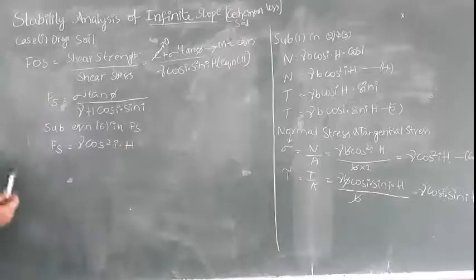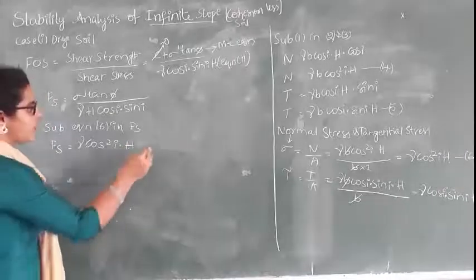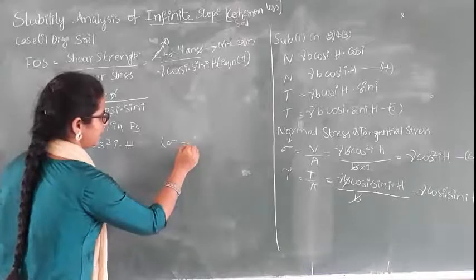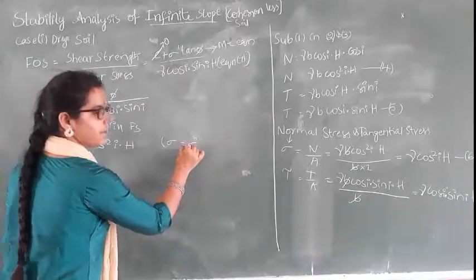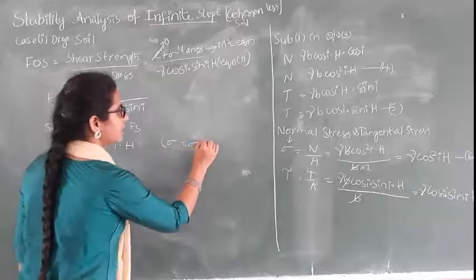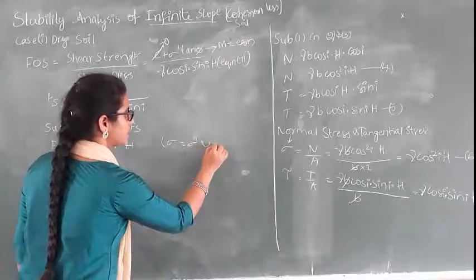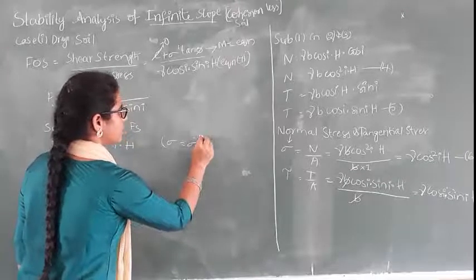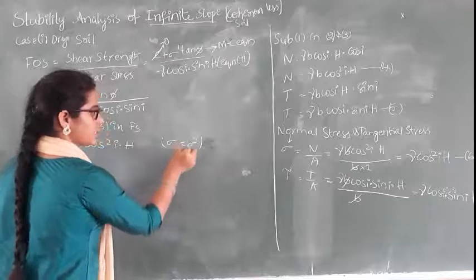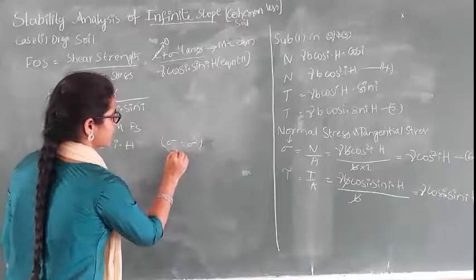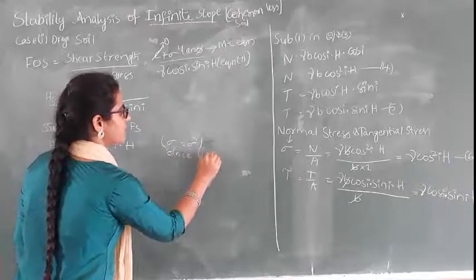So here if you observe, we made sigma equal to sigma dash. Why? Because there is no pore water pressure, U is equal to 0, so sigma equals sigma dash.